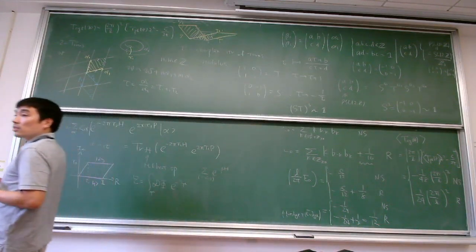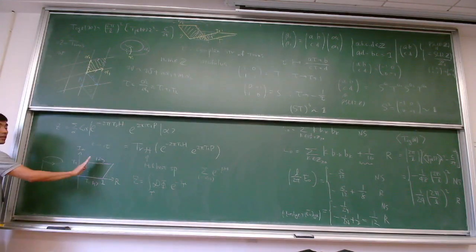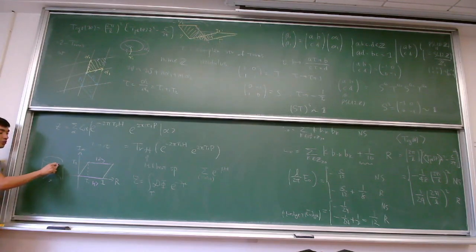Any other questions? Why would we use P? P is because we need to translate in the spatial direction. If it were just an ordinary cylinder, it would be okay, but this direction is identified with this direction, this place. So it's not a simple time translation.